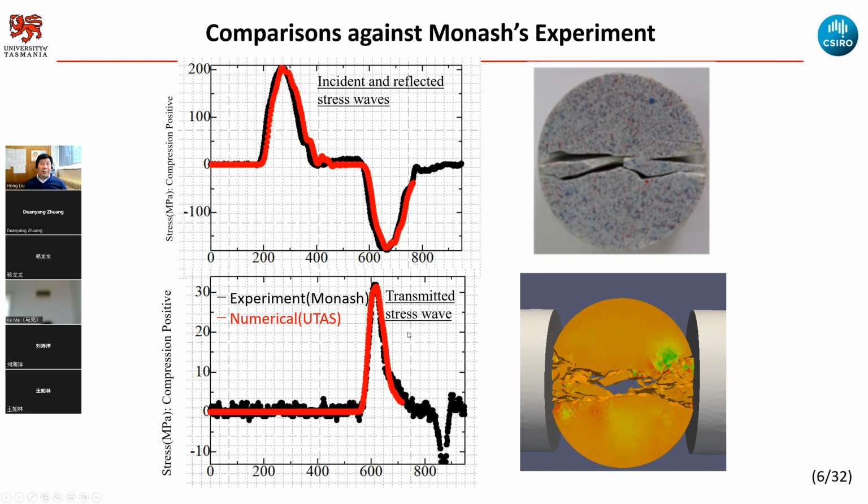And the pattern is generally consistent as well, although the fragmentation depends on the heterogeneity of the sample. So you will see that the fragmentation along the central line is different. But for the pattern, in both cases, you can see it along the center line. Okay, so this is the task which we will do today.